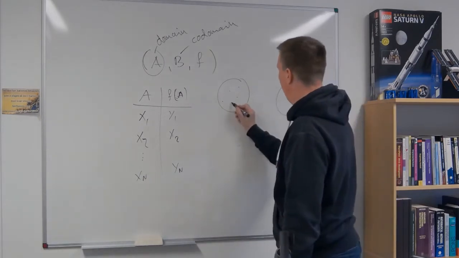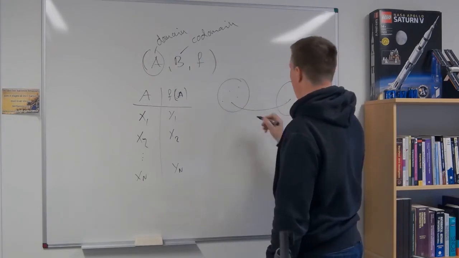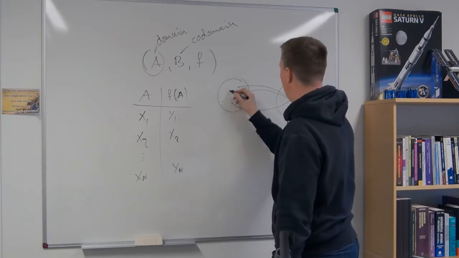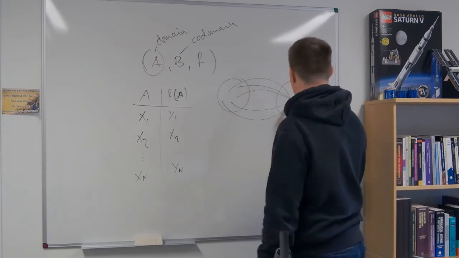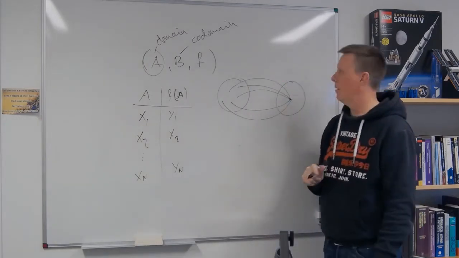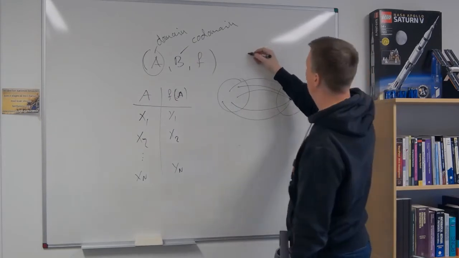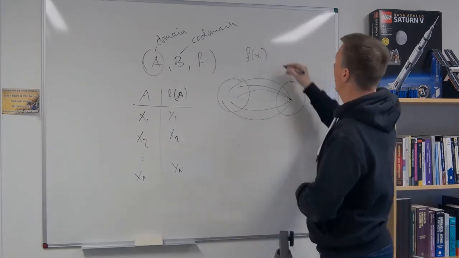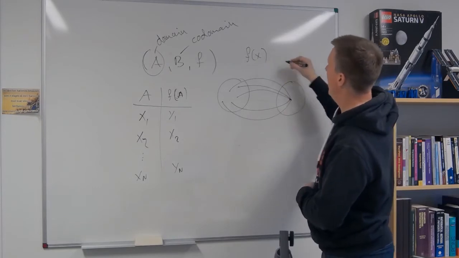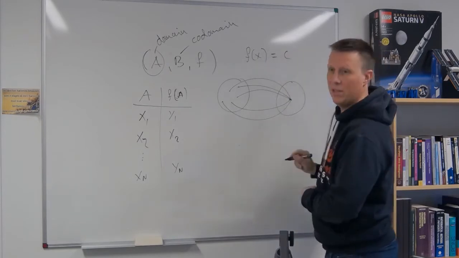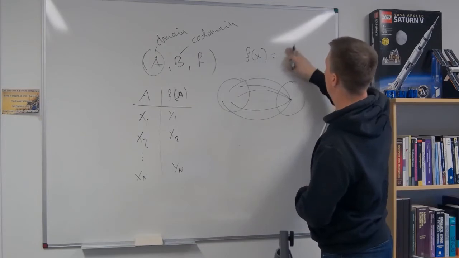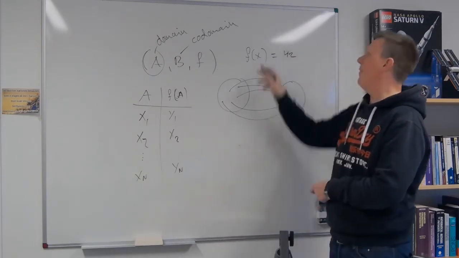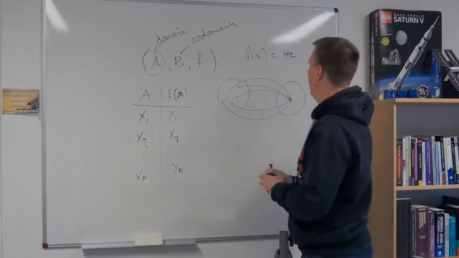So all arrows point to the same poor little element in B. Using normal high school math syntax, f of x equals some constant c. Let's call it 42. Whatever you give it, it will just give you back the value 42.